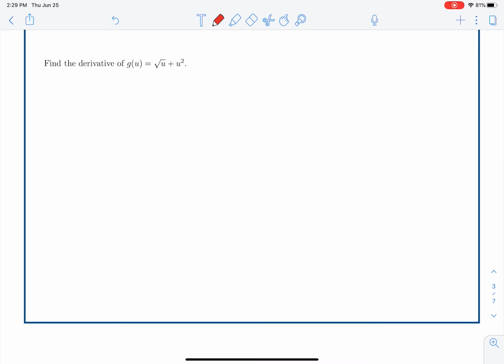So in this problem, we have g of u, so the independent variable is u, the dependent variable is g.